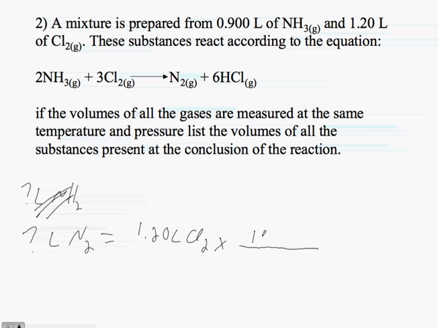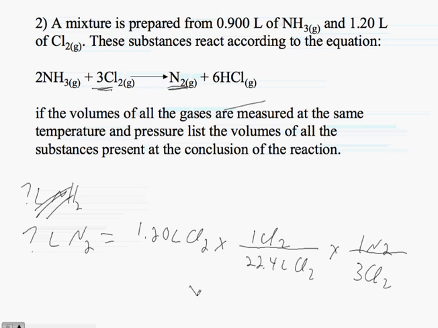For every 1 mole of Cl2, I have 22.4 liters of Cl2. And from my balanced chemical equation, for every 3 moles of Cl2, I have 1 mole of N2.